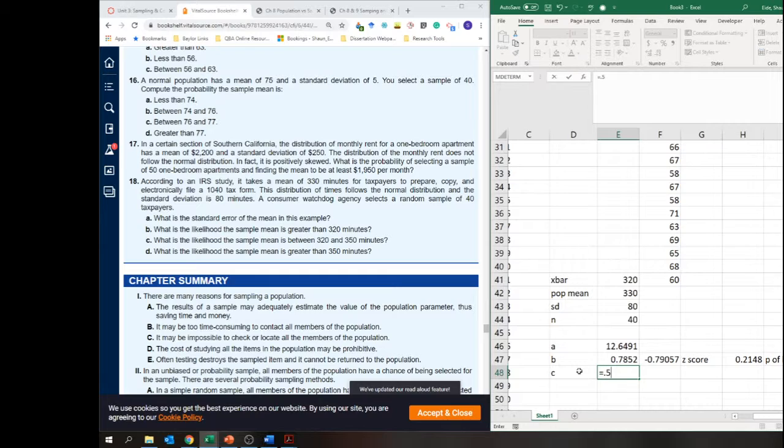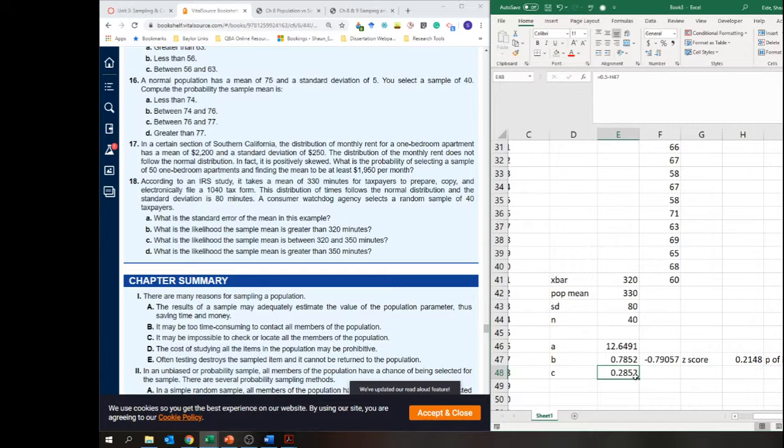equals 0.5 minus 0.2148. And so 0.5 is the probability of a group of 40 having an average of 330 or below.